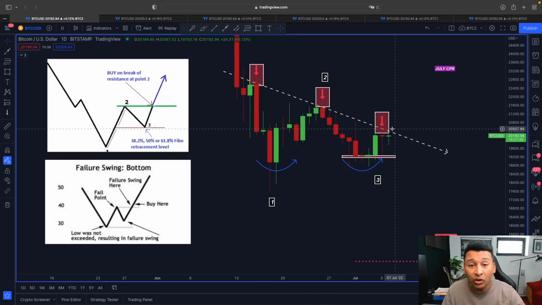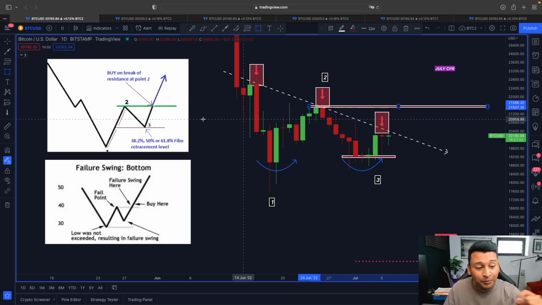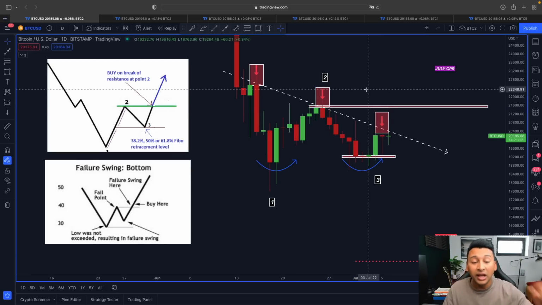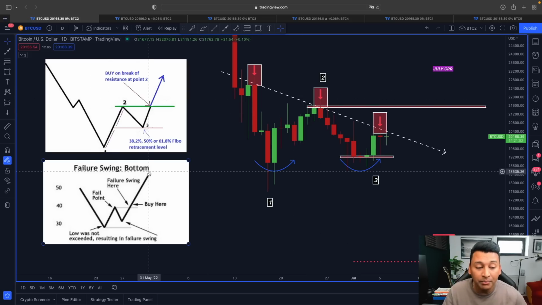If we break above it, then the next target is going to be around this 0.2 area, and this 0.2, just like shown in the example, is the line we have to overcome if we want to continue the trend to the upside, because this key resistance line, which lies around 21,500, is not only the line we have to break according to this 1 2 3 reversal, but also if you look at this exact scenario as a failure swing bottom.